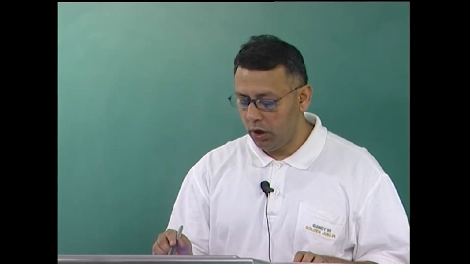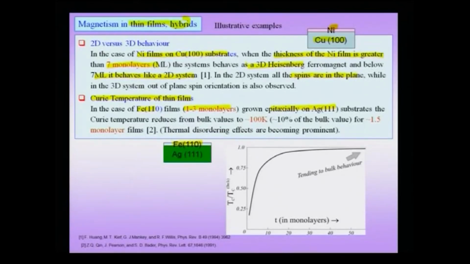Now, when you are talking about these thin films, we notice that the Curie temperature can actually be reduced with respect to the bulk value, because we already said that decreasing the size in some sense is like increasing the temperature, and when you increase the temperature, there is a ferromagnetic to paramagnetic transition, which means that you are crossing the Curie temperature.